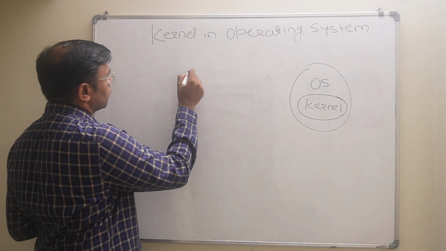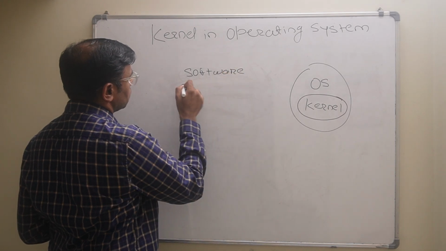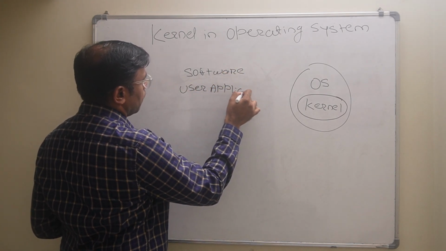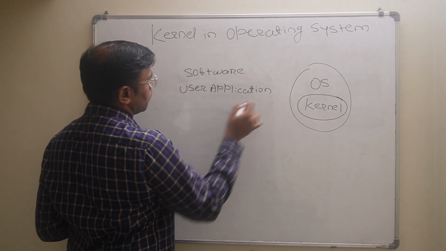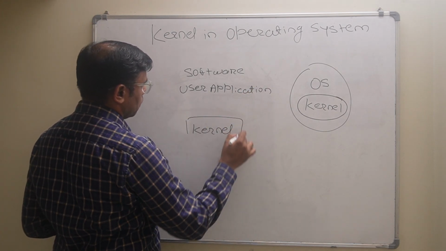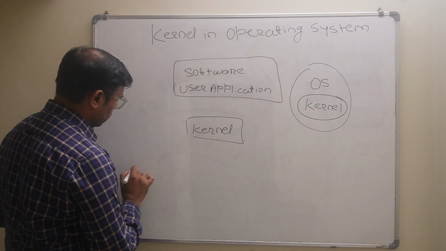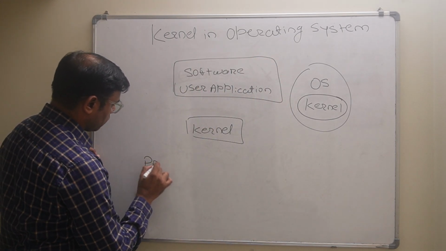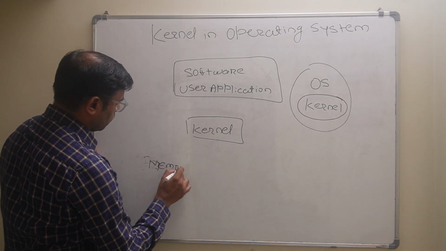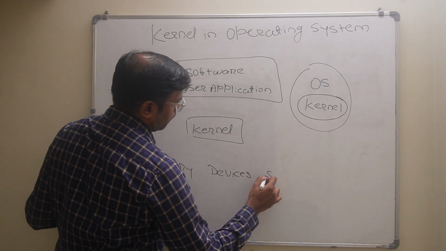If you look here, software means user application, and then there is kernel, and then there is process, or you can say memory, devices and services.